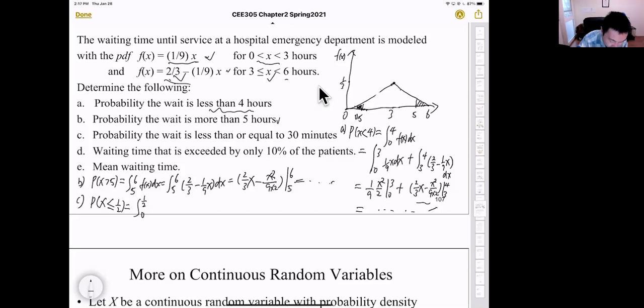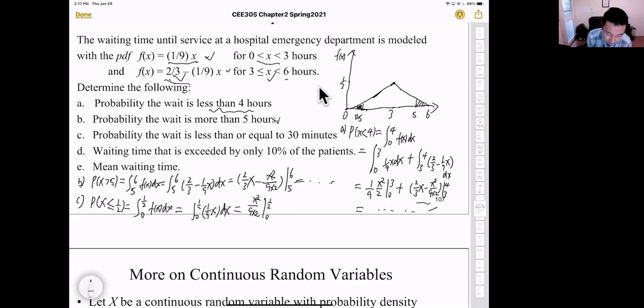So f(x) dx, and f(x) is the first part, which is 1/9 x dx. So that's part C.